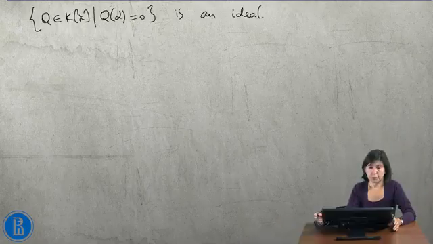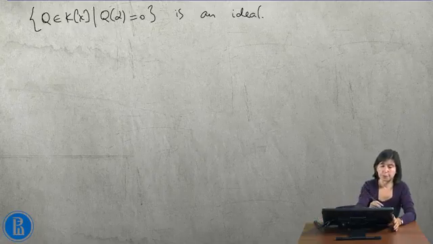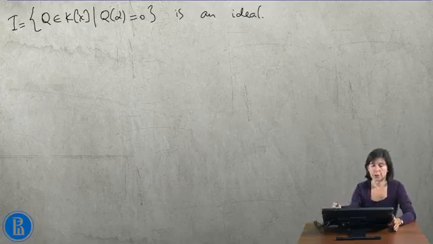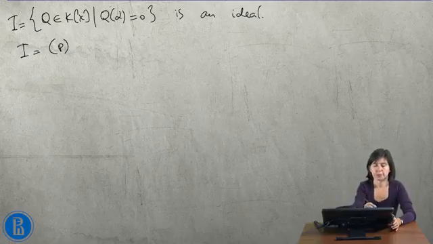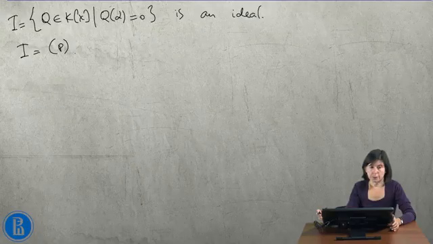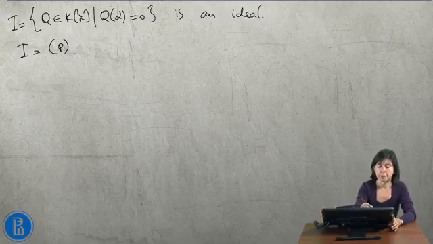So this ideal is generated by one element. Let me denote this set by I. So I has a generator P.